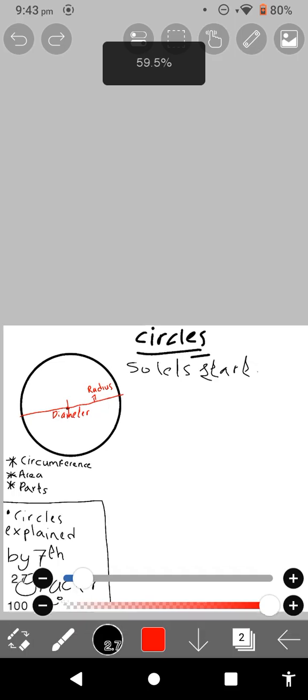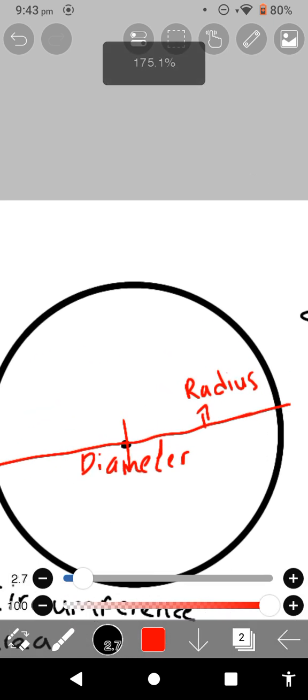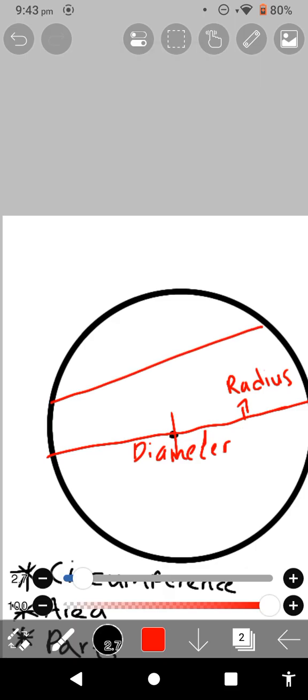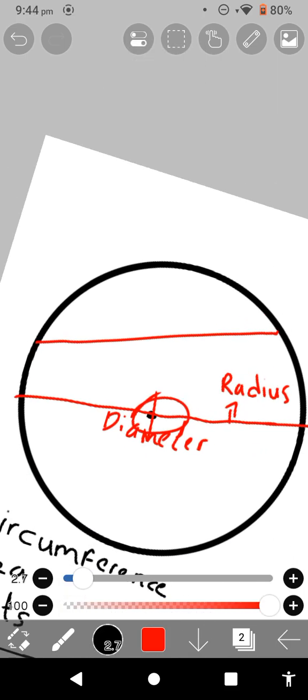Now let's move on to the chord. A chord is a line that goes from this point to that point. It does not touch the center of the circle.